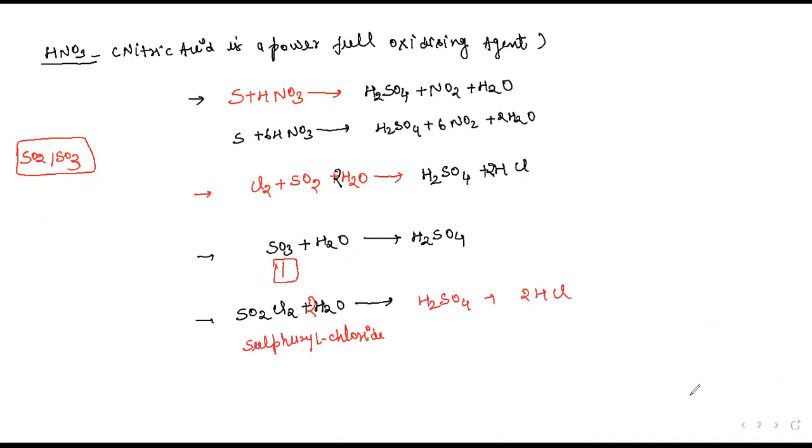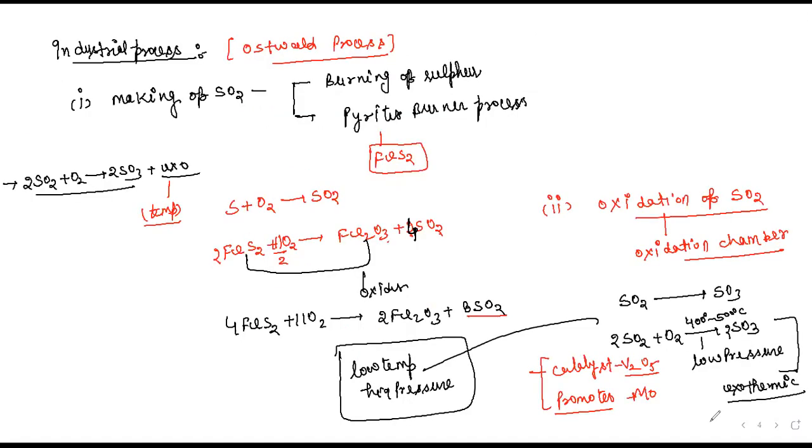Then the preparation methods of H2SO4: oxidation of sulfur, chlorine reacting with SO2, and sulfur trioxide reacting with water. Then, if we talk about the industrial process, there is a very famous process named the Ostwald process. In the Ostwald process, we have three sub processes. The first is the pyrite burner process. The next is oxidation of SO2, and the third is conversion of SO3 to H2SO4.